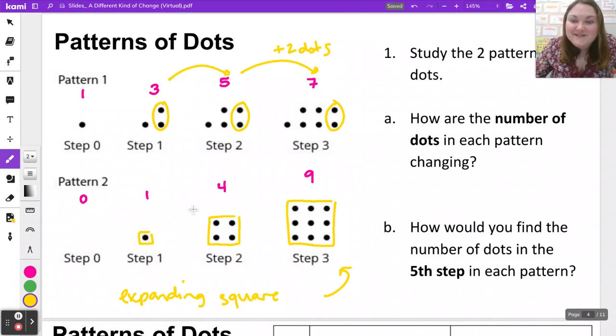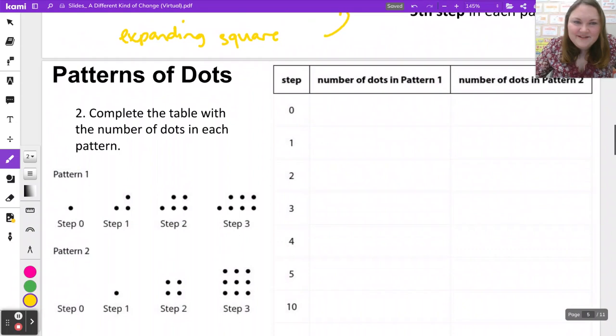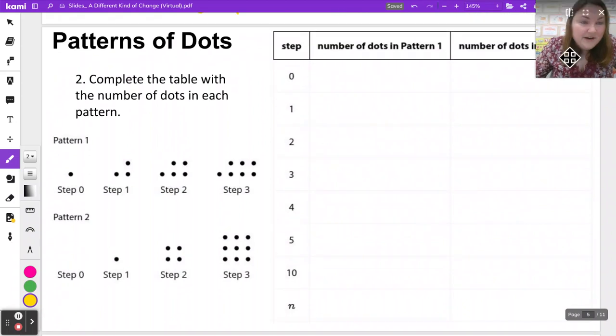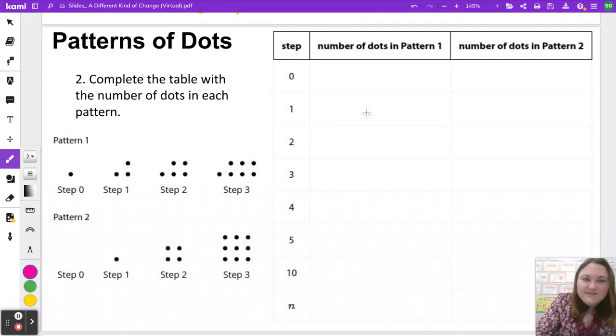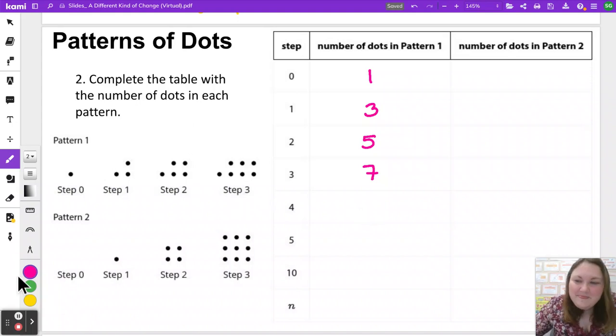So keeping those patterns in mind, we'll come down to this table and we are going to go ahead and complete the table. We had already started doing this. We said for pattern 1, we started with 1 dot and then had 3, then 5, then 7. Now I don't have a picture for step 4, but you might already know how many dots there are based on that pattern we identified of each time you're just adding 2 dots at the end.